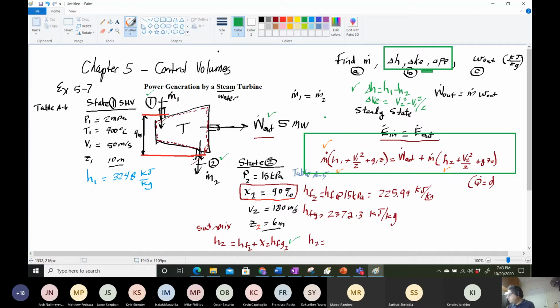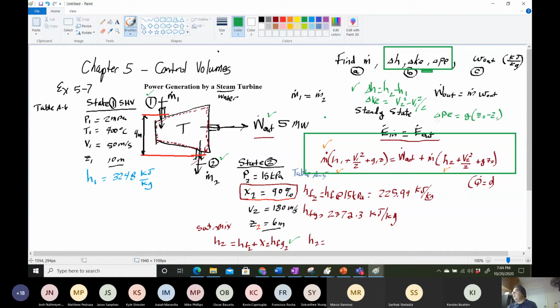We're actually comparing the enthalpy change versus the kinetic energy change, and versus the height, the potential energy change. So actually, because we're doing that, we should just keep our indices the same. So we should just have this as 2 and 1, and therefore potential energy change is equal to g times z2 minus z1.